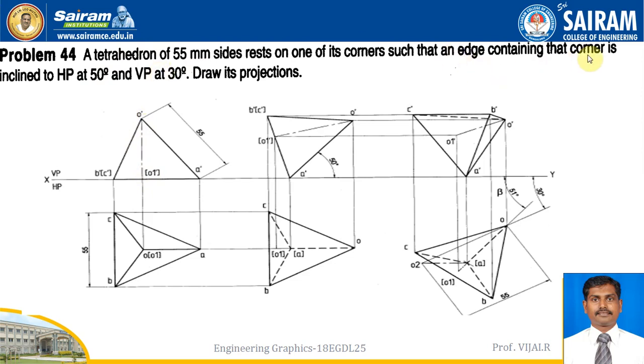The edge containing the corner is inclined to HP and VP, so we are going to incline the edge, not the axis. Be careful here. What is the true length of the edge here? That is what we are seeing in the front view, the 55. So this 55 is needed to be drawn at an angle of 30 degree.